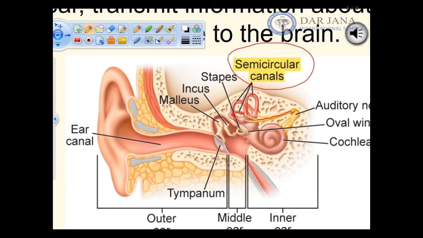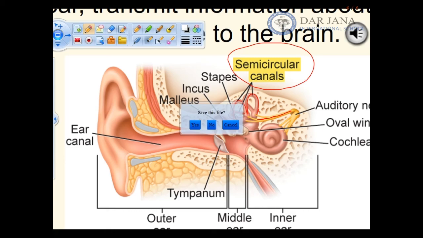Because the fluid is still rotating in the semicircular canals, which will be perceived by the brain as if they are still turning or rotating around you. So they will feel the dizziness after putting them on the ground. This is regarding the balance.